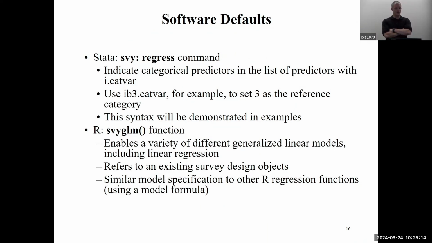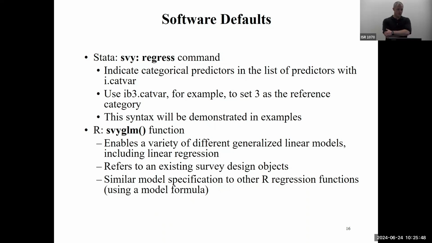In your list of predictors in Stata, you indicate which of the variables are categorical by putting i. in front of that particular predictor. So if you had a 1-5 variable or a 1-2-3 variable, and you put i. in front of that variable, Stata will create dummy variables for you for all but the lowest valued category of that variable. It sets the lowest valued category as the reference category by default.